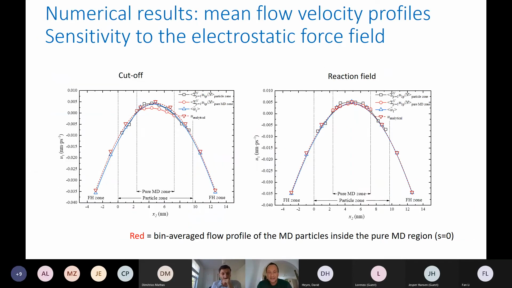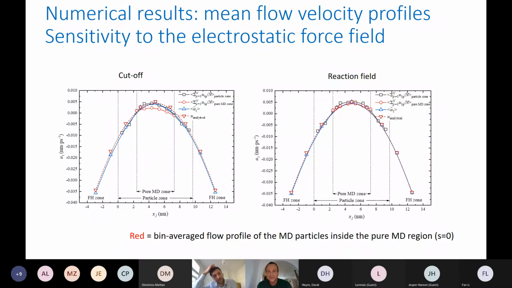Once this was done, we first of all made sure that we can capture the velocity profile well in comparison with the analytical solution. And on the way, we found that actually there is a sensitivity to how we approximate the long-range interactions.